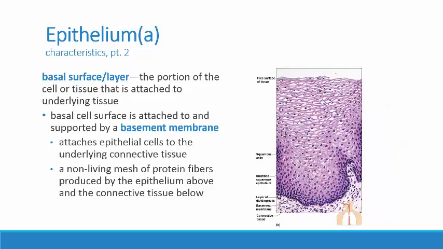Okay, so if there is a free surface here at the top, or at the most superficial portion of the structure, then there's also a basement membrane, or a basal surface and layer. And that basement membrane is down here at the bottom of the epithelium. So these are epithelial cells from here all the way down to this darkened layer. So there is the basement, or the base layer, the basal surface.